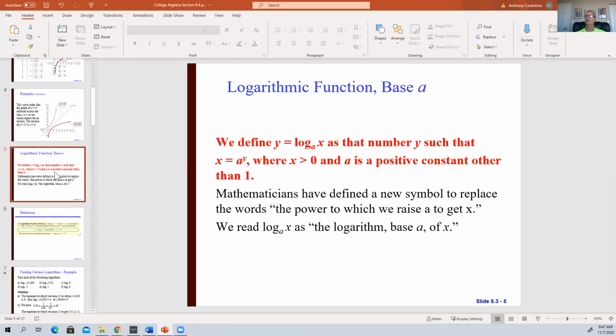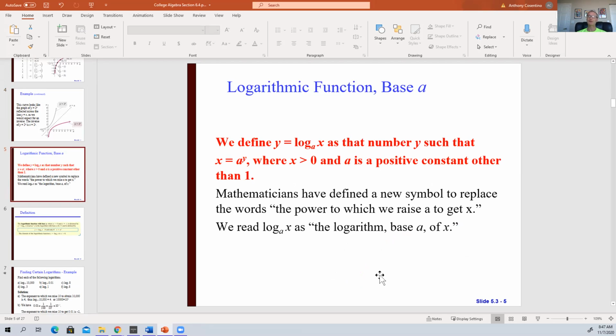So what we do here in the math world is we have to organize these functions where y equals something, right? And you can see that we had x equals 2 to the y in that example that we gave.